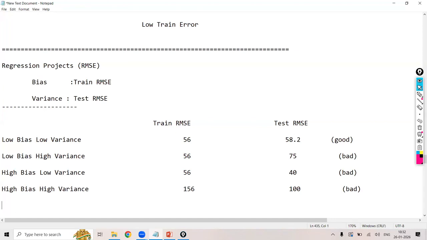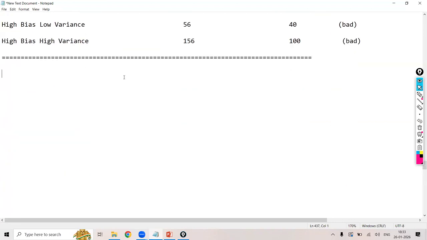Now, generally what happens in the case of more examples?